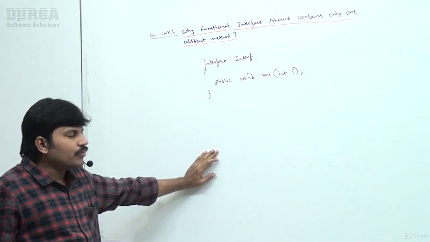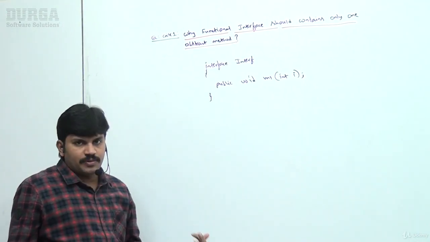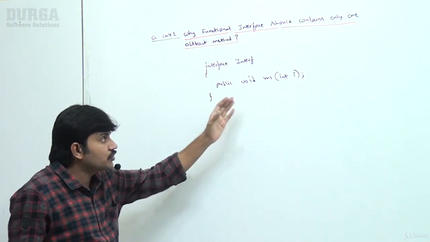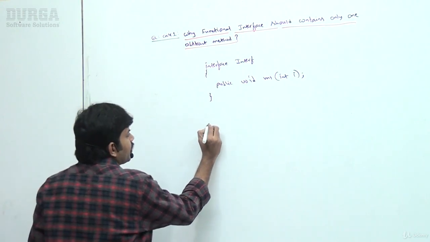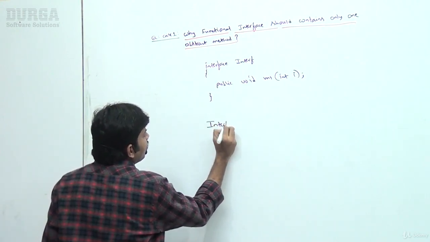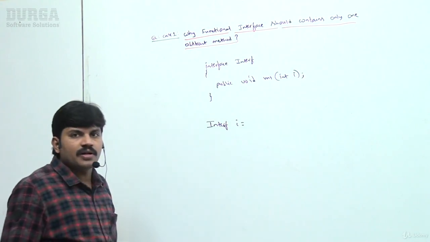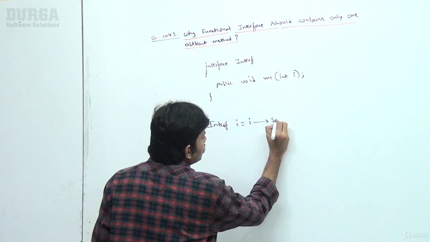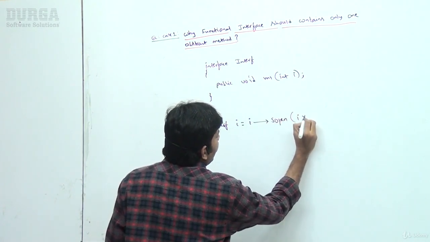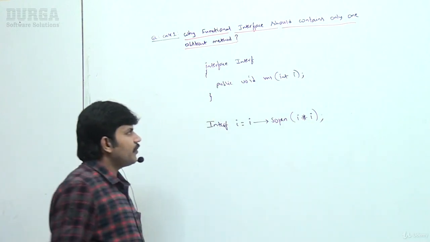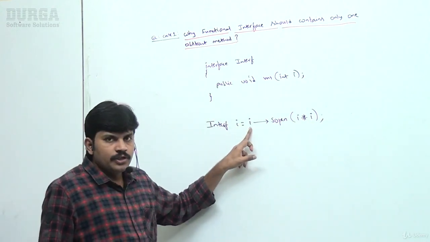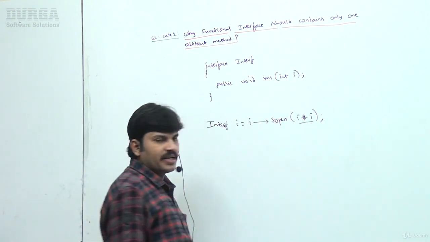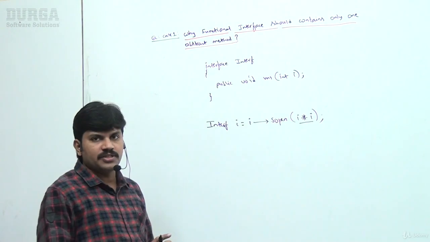Now, I want to write a lambda expression, to implement that. What is the way? Can you please tell? Interf I is equal to, just I'm taking I gives SOP of I into I. If I provide some int value, it is going to print the square of that int number. That's about my lambda expression, right? Of course, not required to keep much explanation.